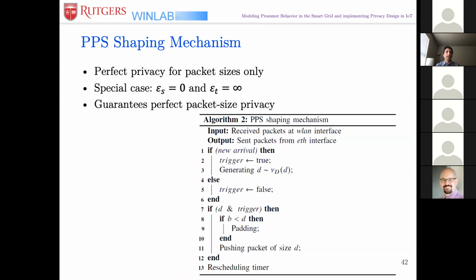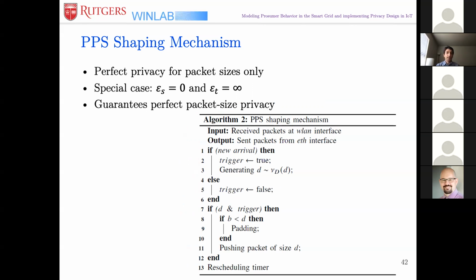The second shaping mechanism is PPS, which only alters the sizes in the packet stream with no change of timing information. The PPS mechanism is a special case of DPS where epsilon S is 0 and epsilon T is infinity.